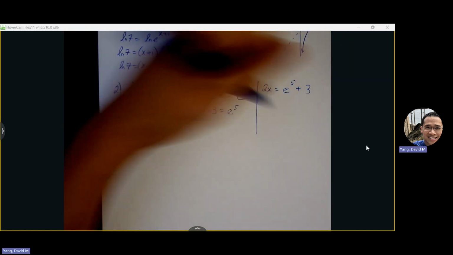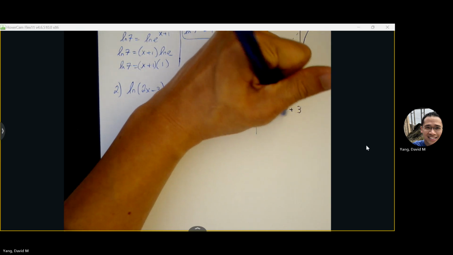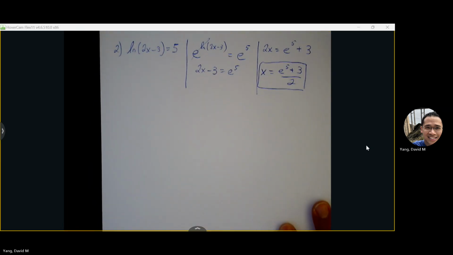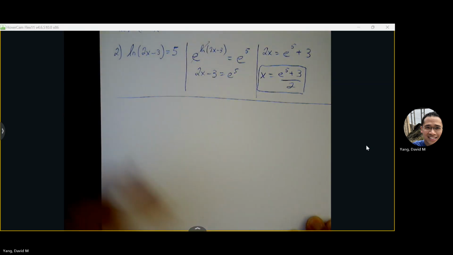Then to solve for x, just divide everything by 2. All right, any questions?